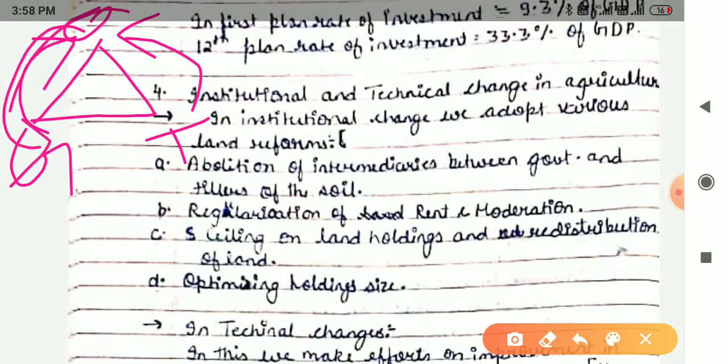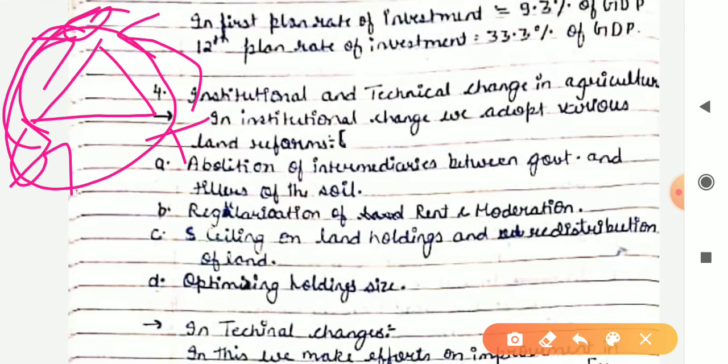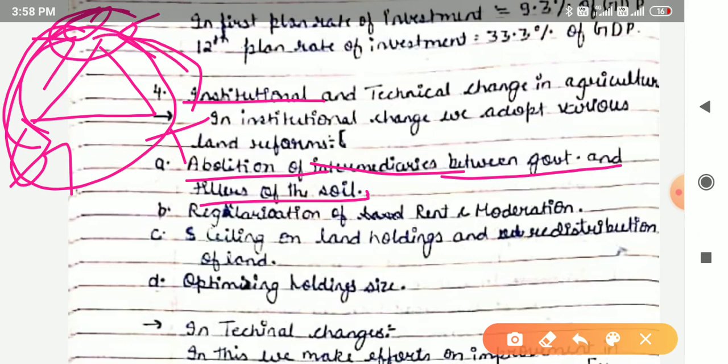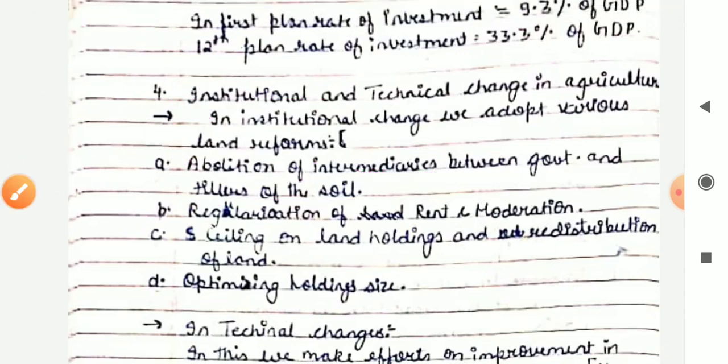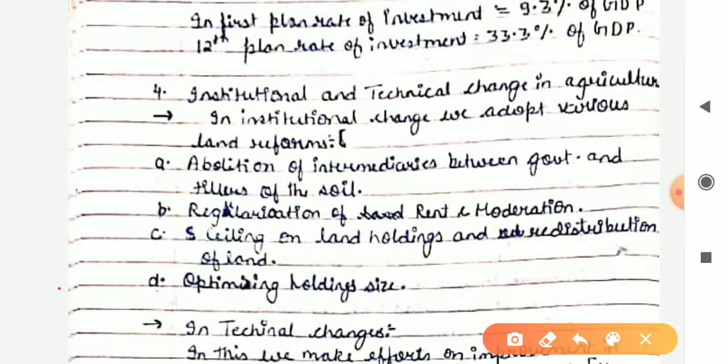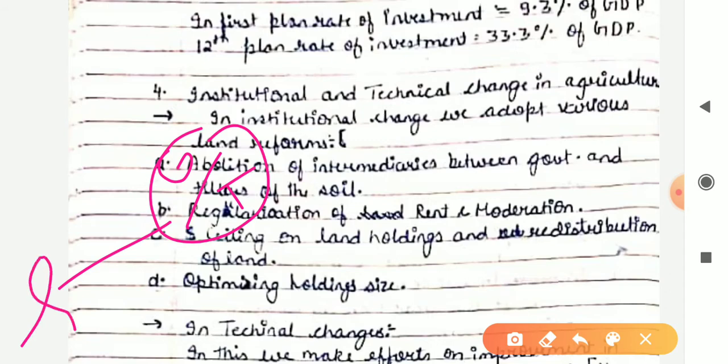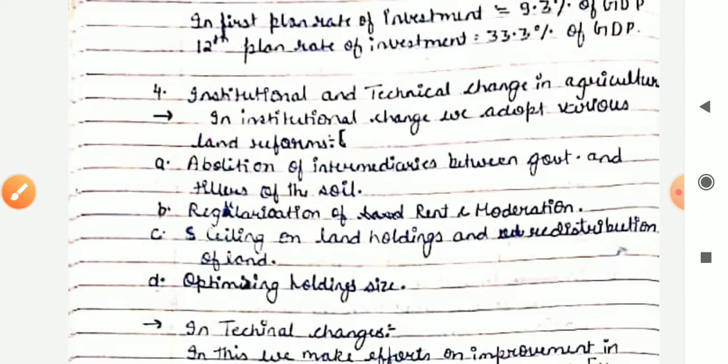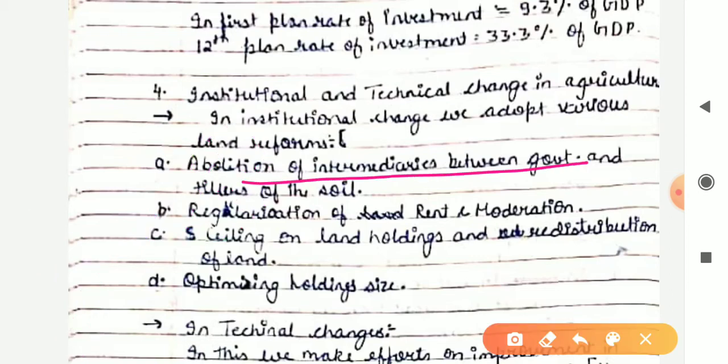So in institutional changes, our government abolished, means removed, intermediaries between government and tillers of the soil, means there are no owners. At present the owners and tillers are the same. They earn and give some part as tax to government. So they did abolition of intermediaries between government and tillers of the soil.